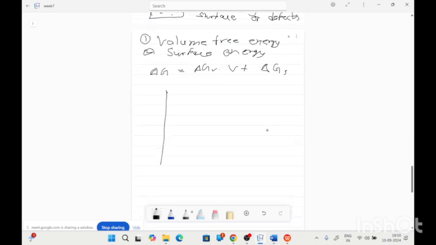The curve of the total energy resulting from the contribution of these two energies, volume free energy and surface energy, can be drawn as follows. This curve is for delta GS, that is 4 pi r square gamma.